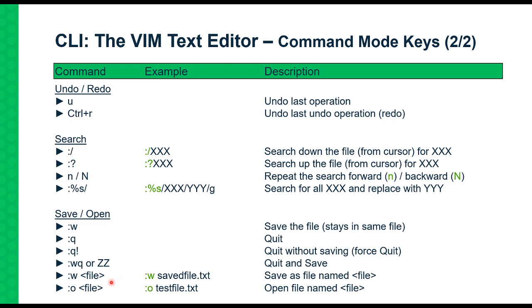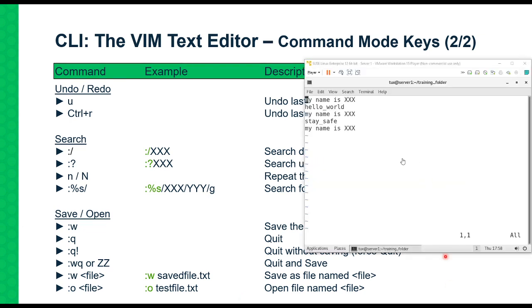We can also open files from our Vim editor by using :o and our file name. In our case, we will be using :o testfile.txt.